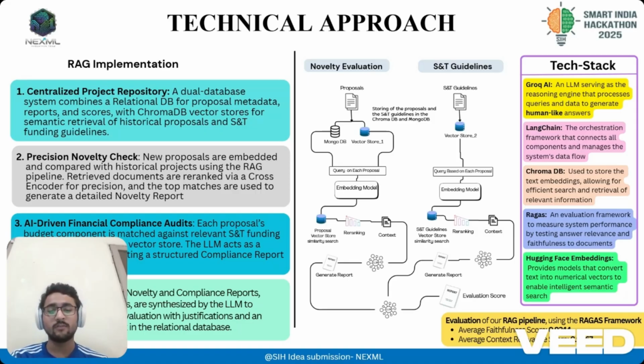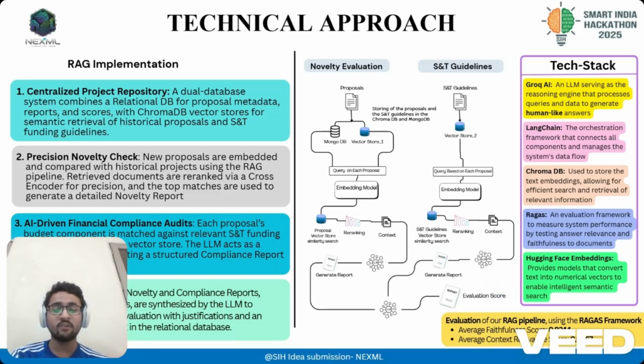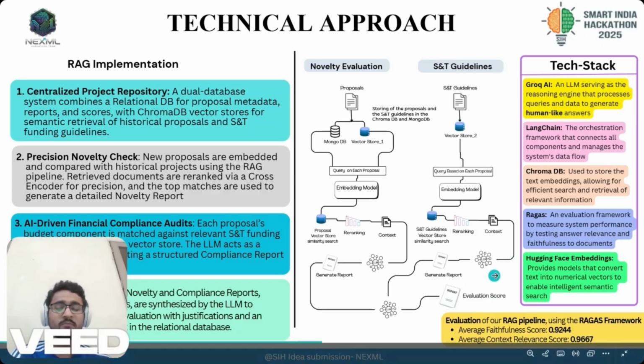And these aspects include budget analysis, technical feasibility, scalability, industry relevance. So we will ask the LLM to give a reason for each of these evaluation scores on various aspects, and this is called chain of thought reasoning, where the LLM will be explaining the weaknesses and strengths of the proposal on various aspects. And based on this, we will get a final evaluation score report along with the explanation for each of these scores. So this was the evaluation part.